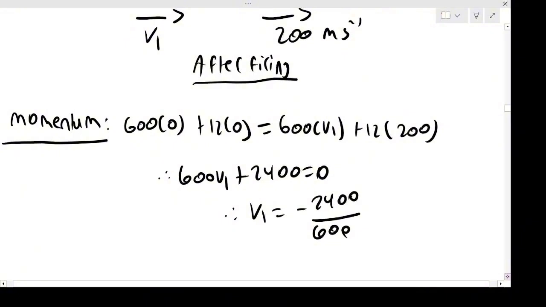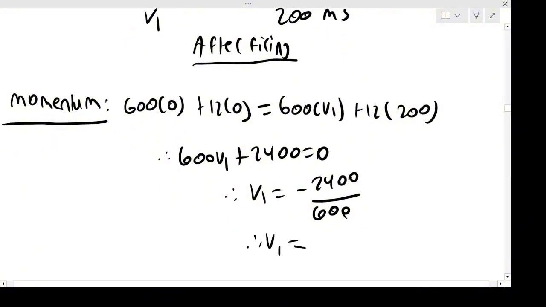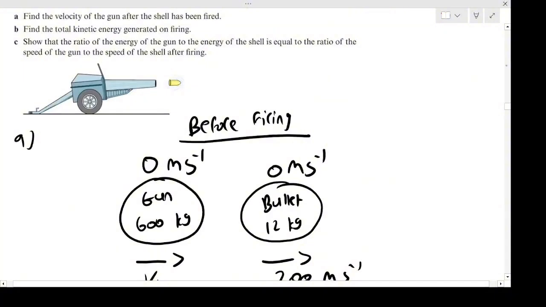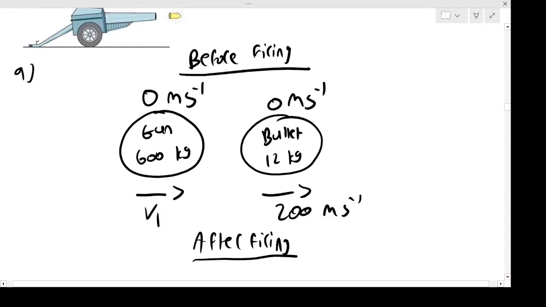So if we simplify that, we get V1 to be minus 4. Okay, and so it's a negative, which tells me that if this V1 here is minus 4, then it has to actually be moving in the opposite direction, so it'd be positive 4.